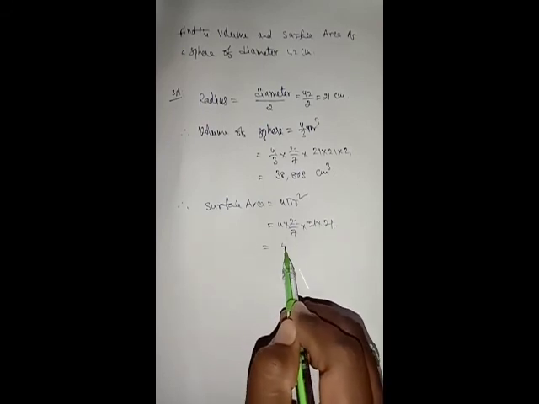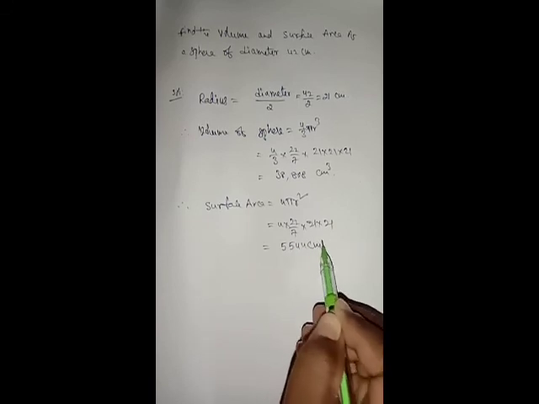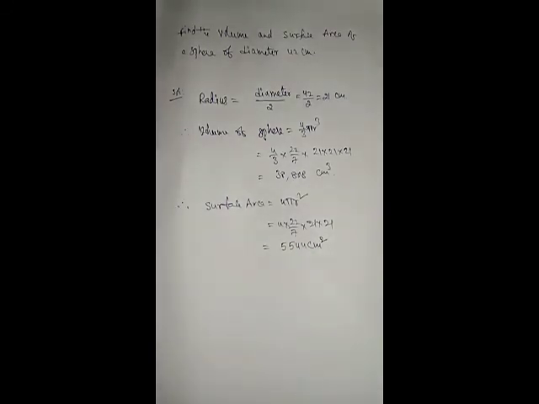After simplification we get 5544 centimeters square. This is the way we can solve the given applications of volume and surface areas. Have you understood, children? Okay. Please remember all the formulas and solve the given problems.